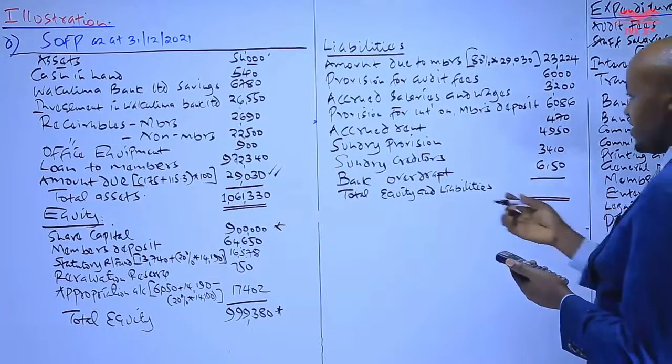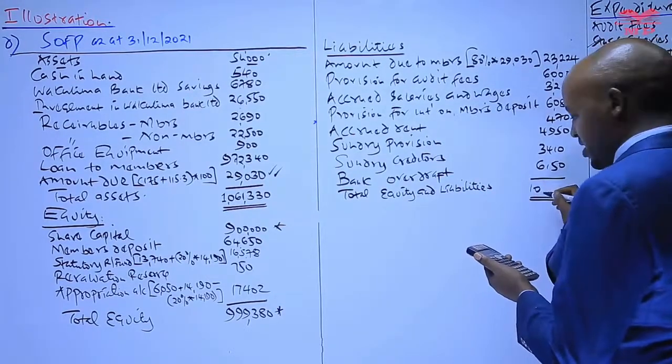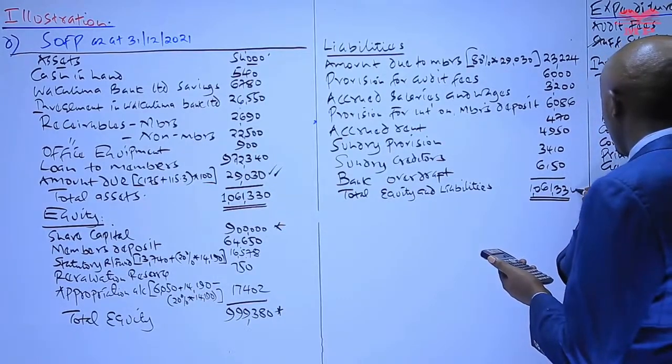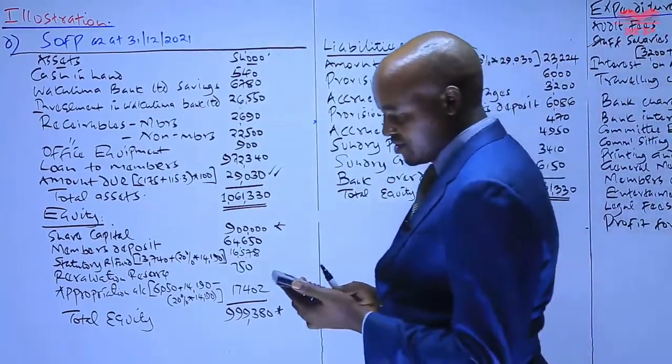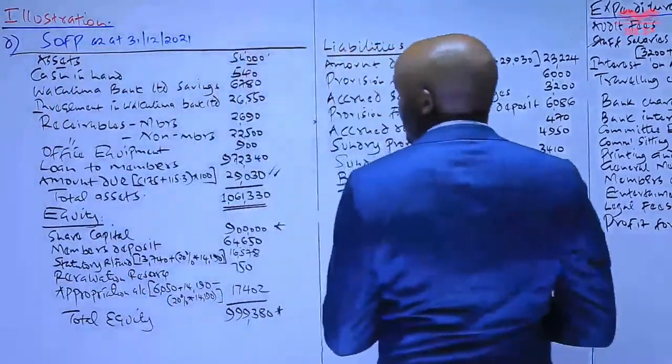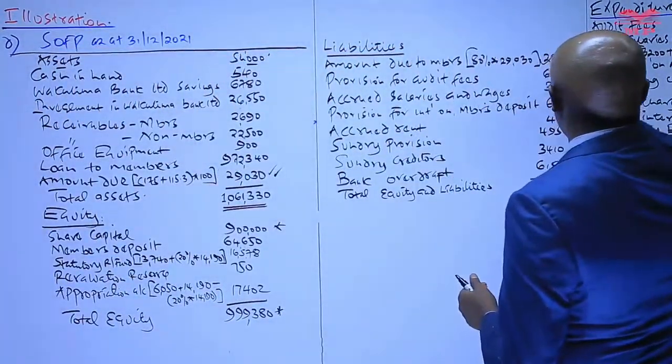Yes, so that is giving us the same figure there as 61,330. So basically that is what was required in part D of that question.